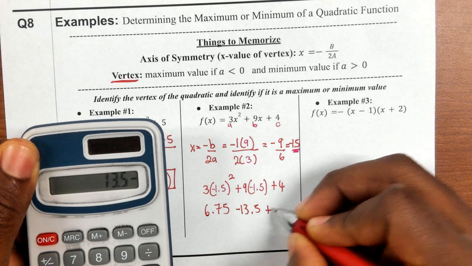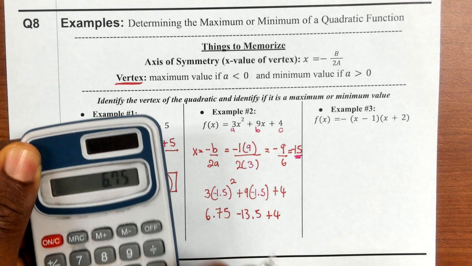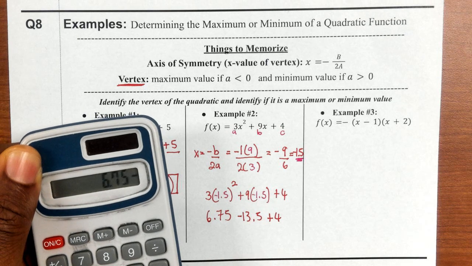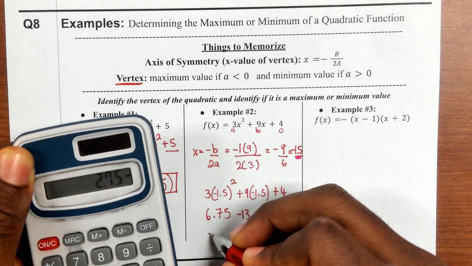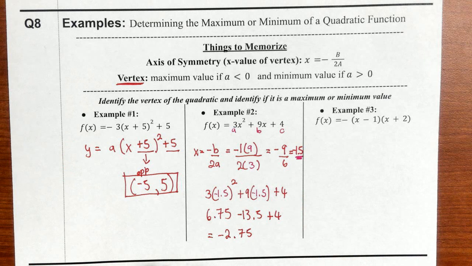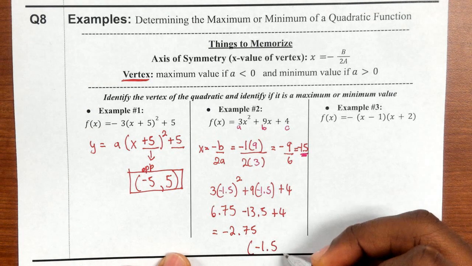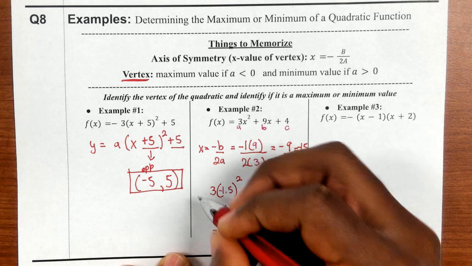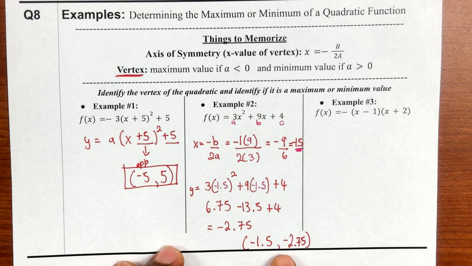And then the 4, I'll bring it down. So 6.75 minus 13.5 plus 4 will give me negative 2.75. So the coordinate for my vertex would be negative 1.5 for the x and negative 2.75 for the y. That's how I calculate that vertex.